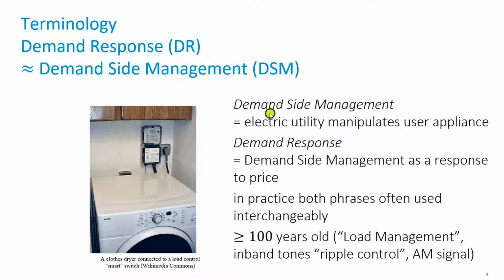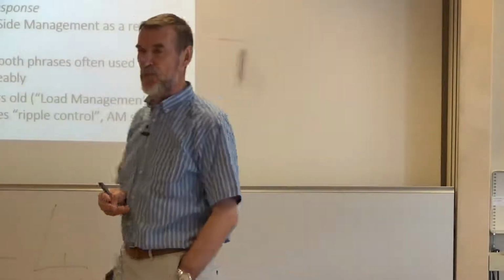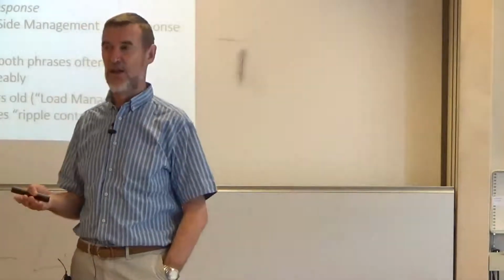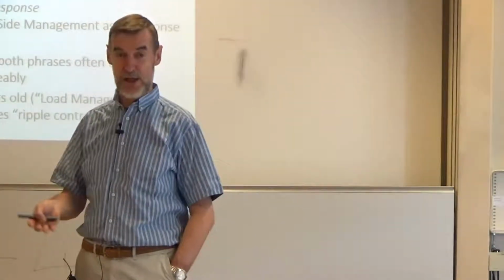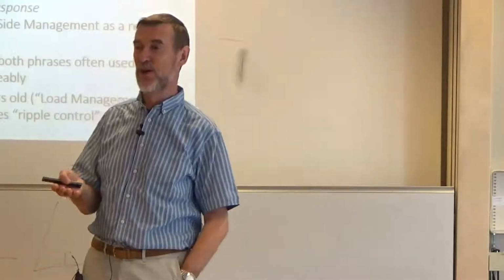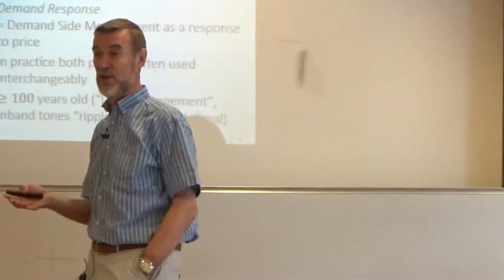Sometimes there is another variant of that which receives another name. It's called demand side management, which has to do with the direct manipulation of electricity consumption. In economic theory, we can do control of demand either by prices or by direct control. Directly controlling means preventing you from using more.